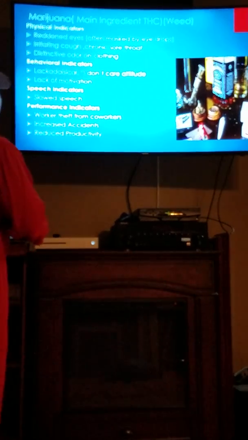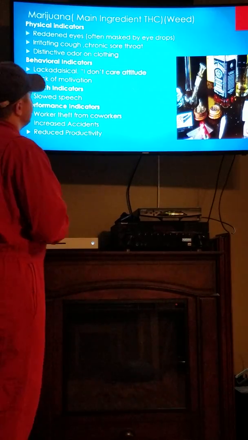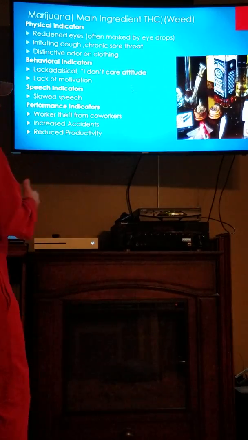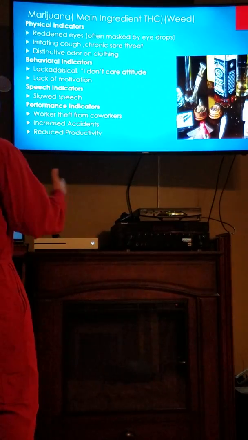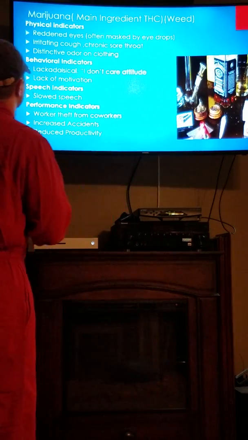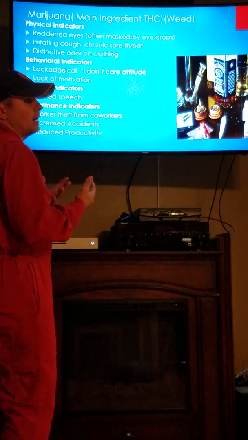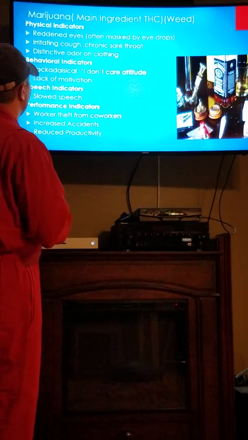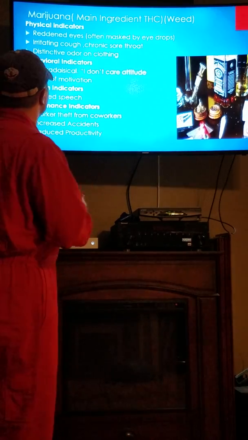So marijuana is the next one we'll cover. The main ingredient is THC. On every one I try to give a common street name, something that it'll go by. This one is weed, obviously. Physical indicators are reddened eyes, often masked by eye drops, irritating cough, chronic sore throat, distinctive odor on the clothing.